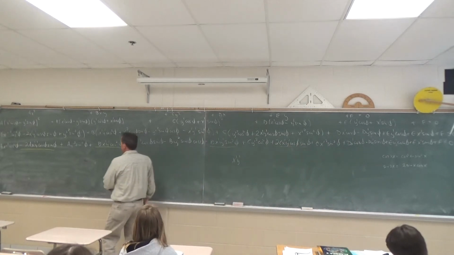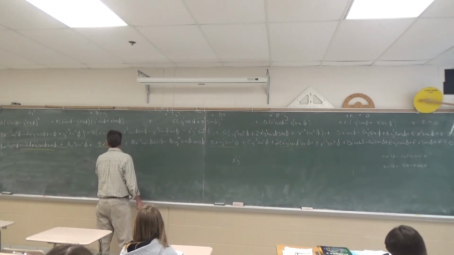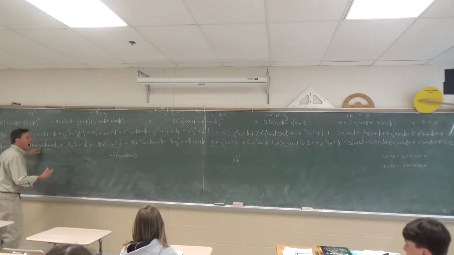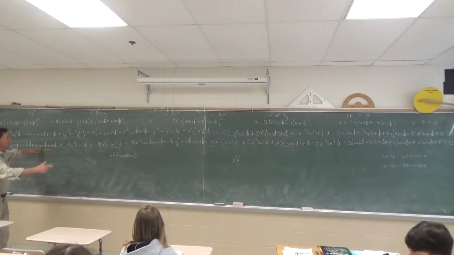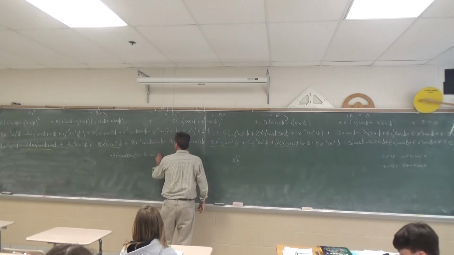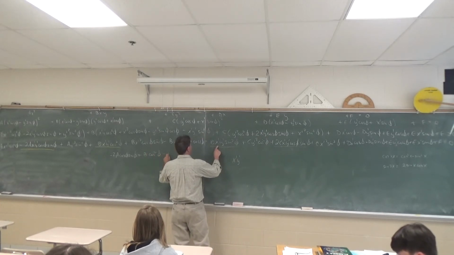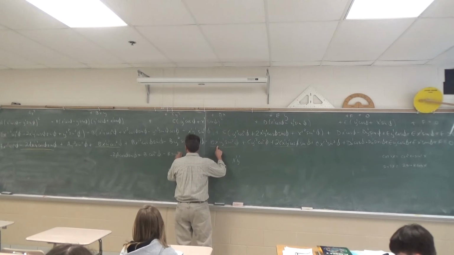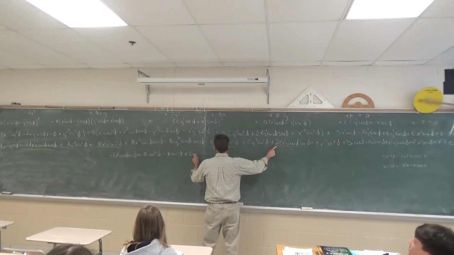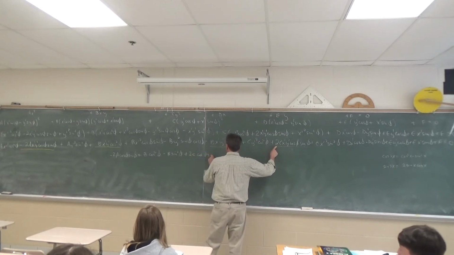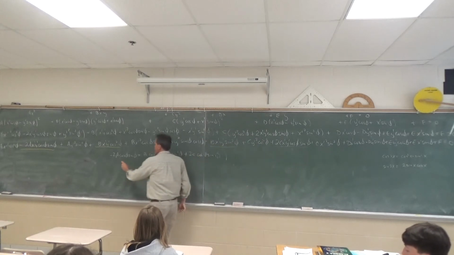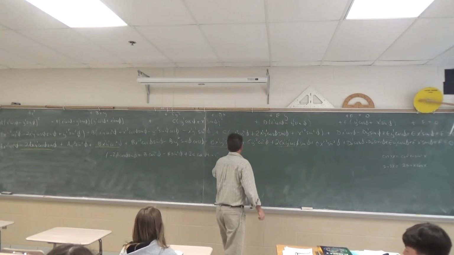So I have negative 2a cosine sine, times x prime y prime, plus b cosine squared phi, minus b sine squared phi, plus 2c cosine phi sine phi, times x prime y prime.